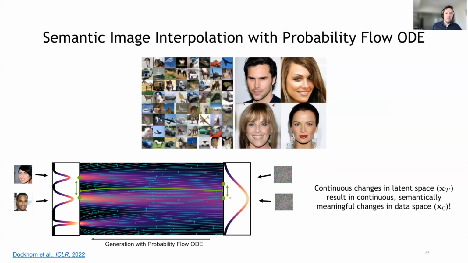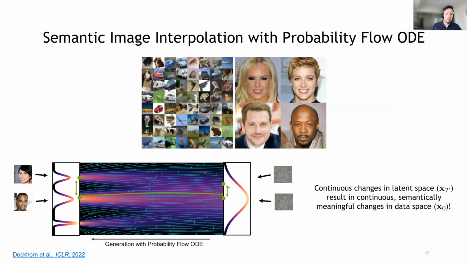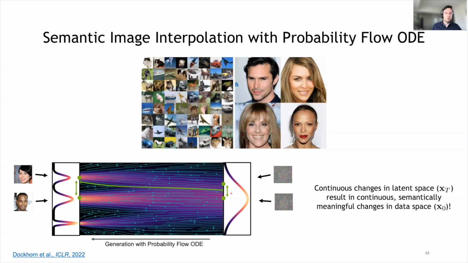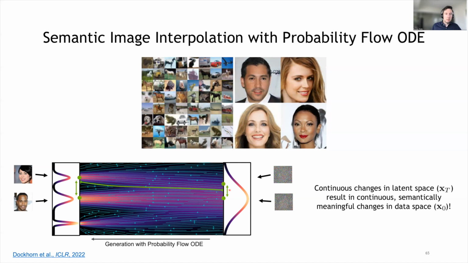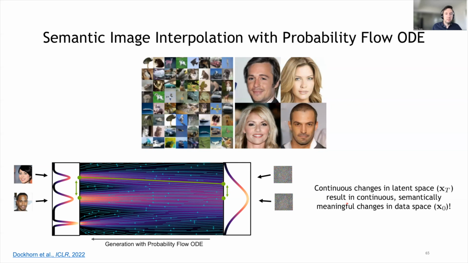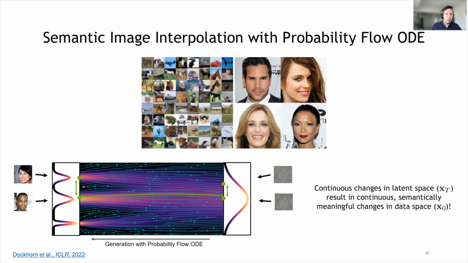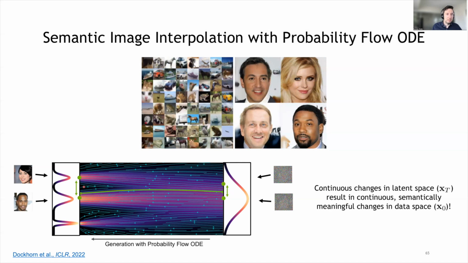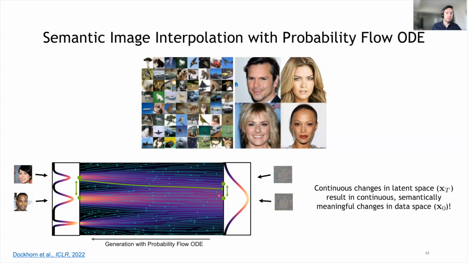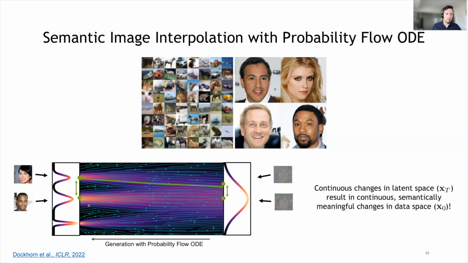However, the model was trained in such a way that every sample under this noise distribution, so also every sample along this linear interpolation path between those noise values, decodes to a coherent realistic image. So when I then interpolate, it means that this results in continuous semantically meaningful changes in the data space, right? And keep in mind, we could not just interpolate directly linearly in pixel space. This would not be meaningful, but we can do that in noise space and then obtain semantically meaningful interpolations in the pixel space like this.